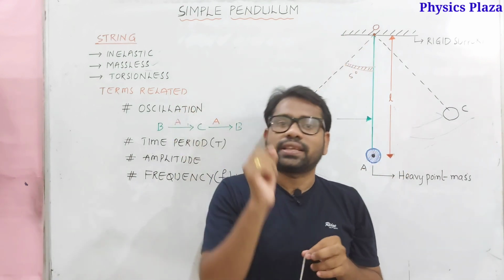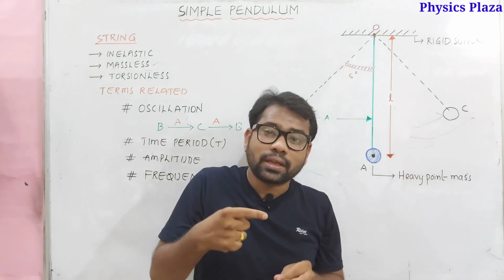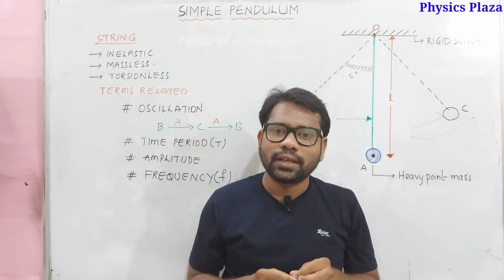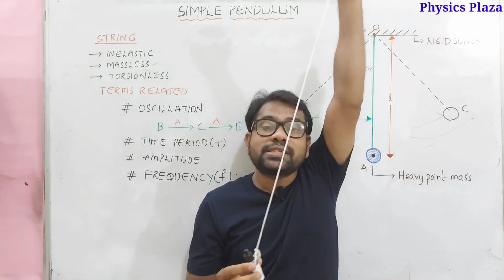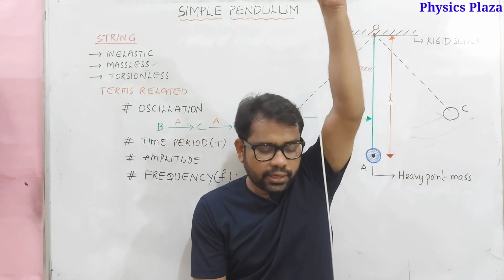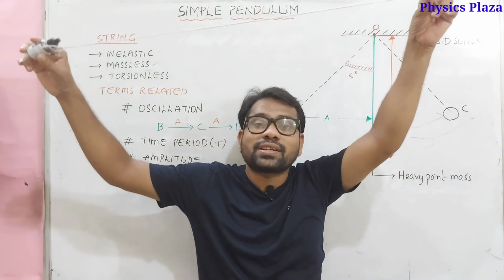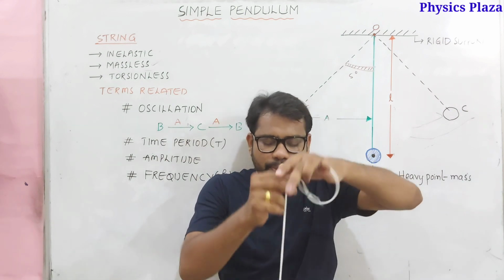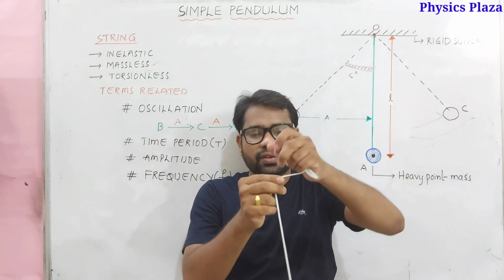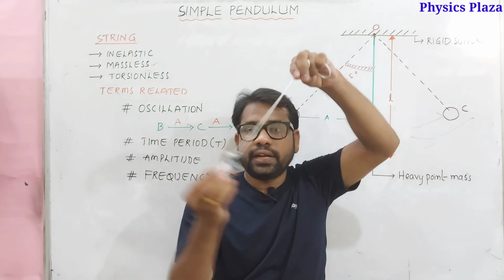But if the length is more, can it make more number of oscillations? No, it is not like that. If length is more, as it is taking more time, it is going happily in a relaxed manner, making oscillations. Means more number of oscillations are not possible. For example, if its length is less, now it is made to oscillate.